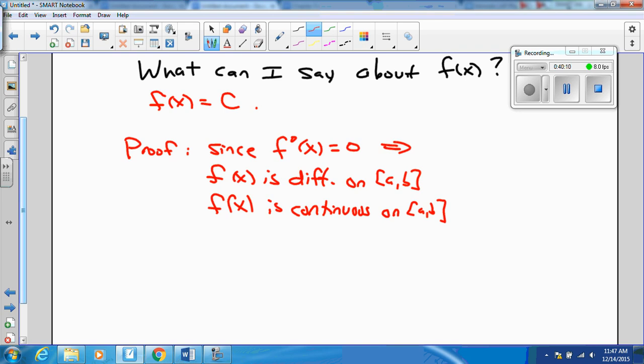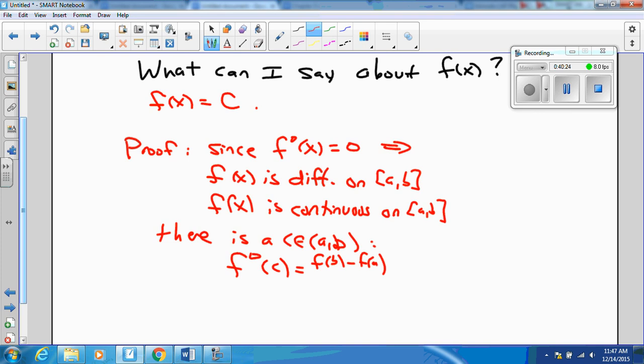Well, that means it meets the conditions of the mean value theorem, right? So there is a C somewhere in a to b such that f prime of C equals f of b minus f of a over b minus a.